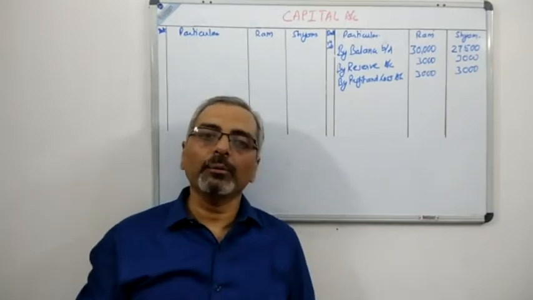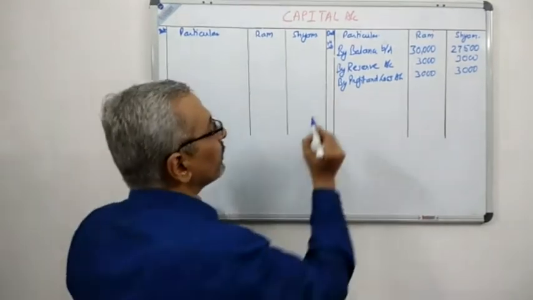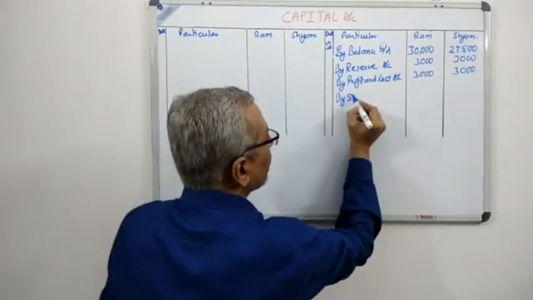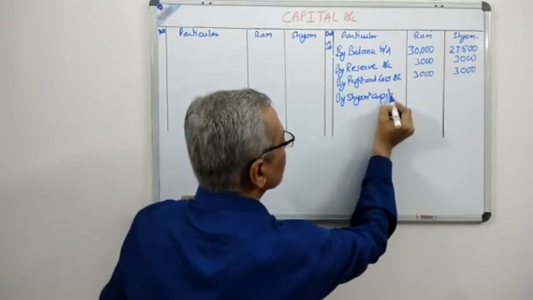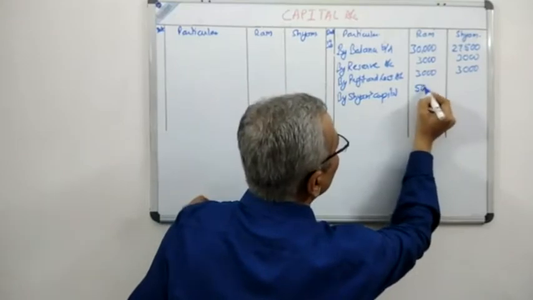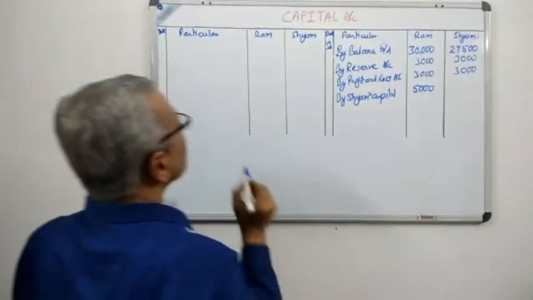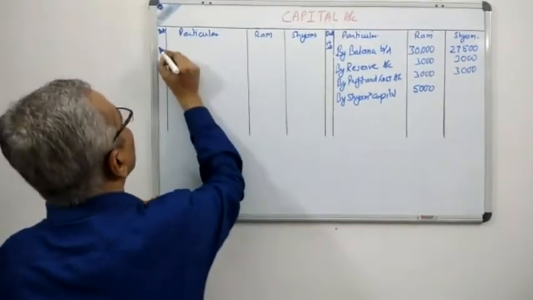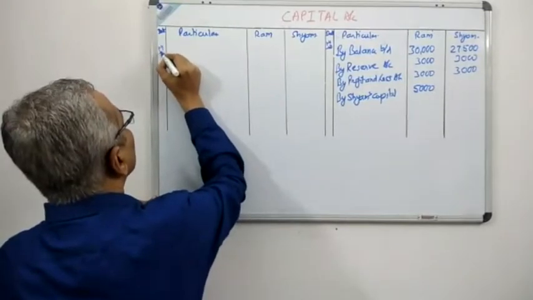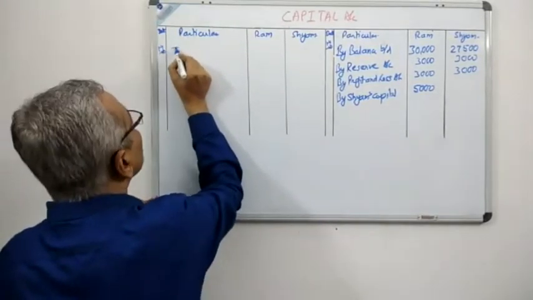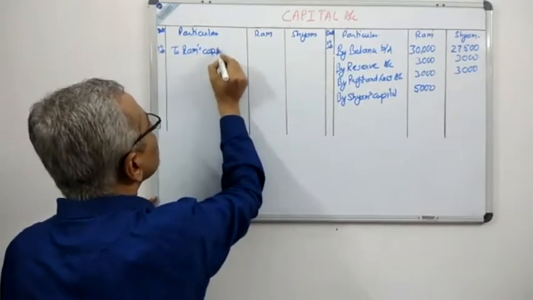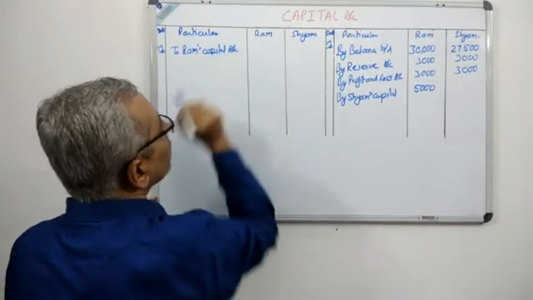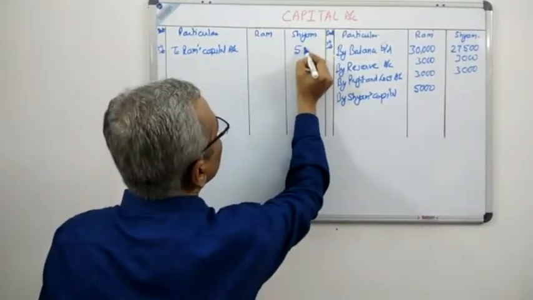Here there is only one, which is Shyam, and therefore the entry will be by Shyam's capital and 5,000 will be posted in Ram's account. Corresponding entry on the same date, 1st of April 2020, over here to Ram's capital, and we are doing the posting in Shyam, that is 5,000.